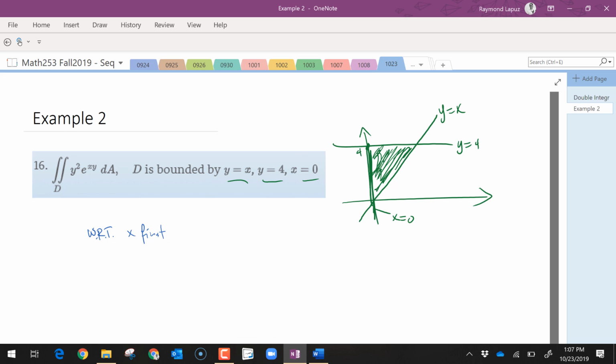And I will draw a line parallel to the x-axis. The idea is that regardless of where I draw my line parallel to the x-axis, I should be entering the region by the same function and exiting the region by the same function. So I don't have to draw all those lines. I'm just going to pick one of them.